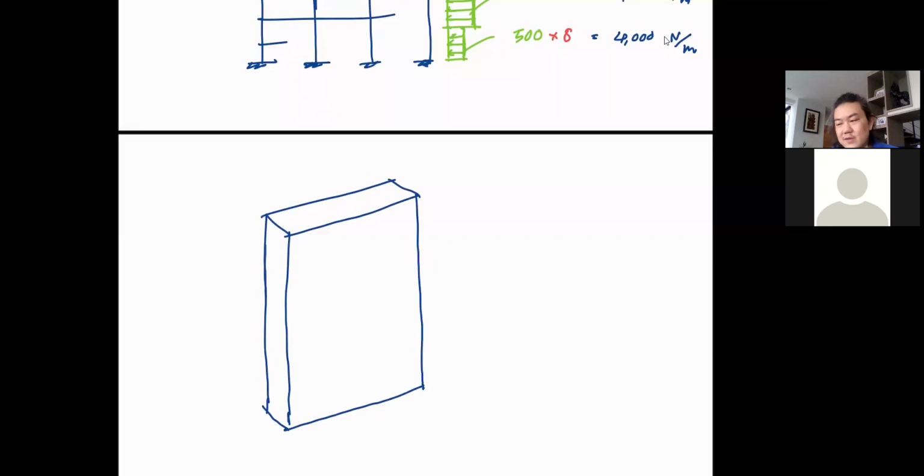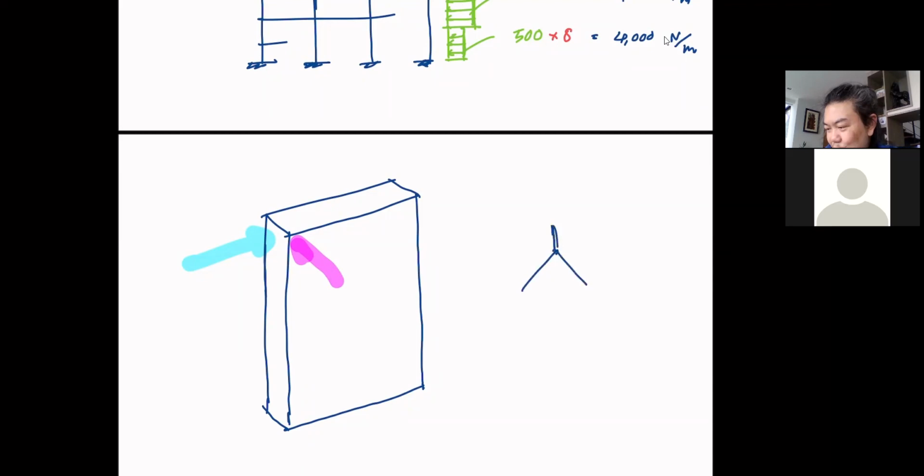So when the wind comes in this direction, it's fine, because you have a long frame in this direction, and that means many columns as well. But when the wind comes in this direction, oh no, you have a very, very narrow frame, and perhaps only 2, 3, 4 columns.